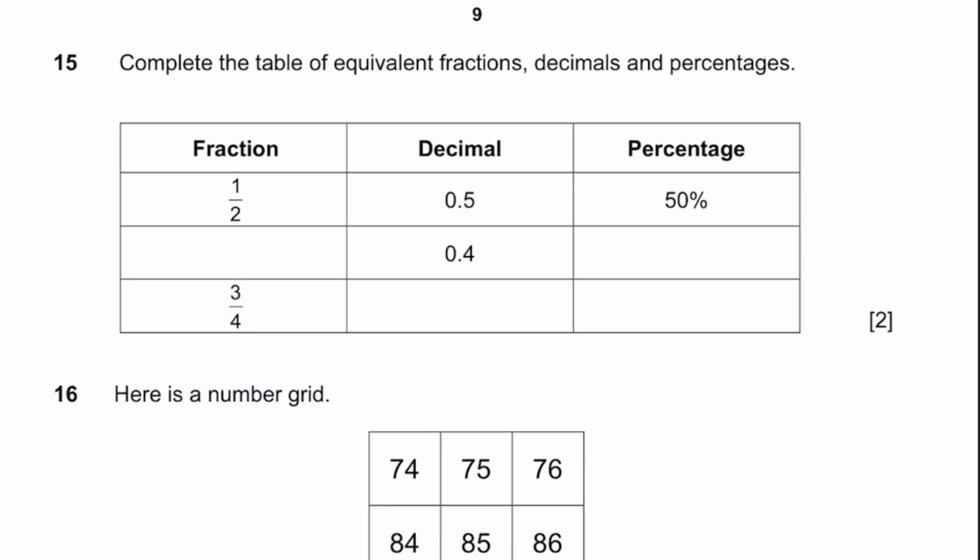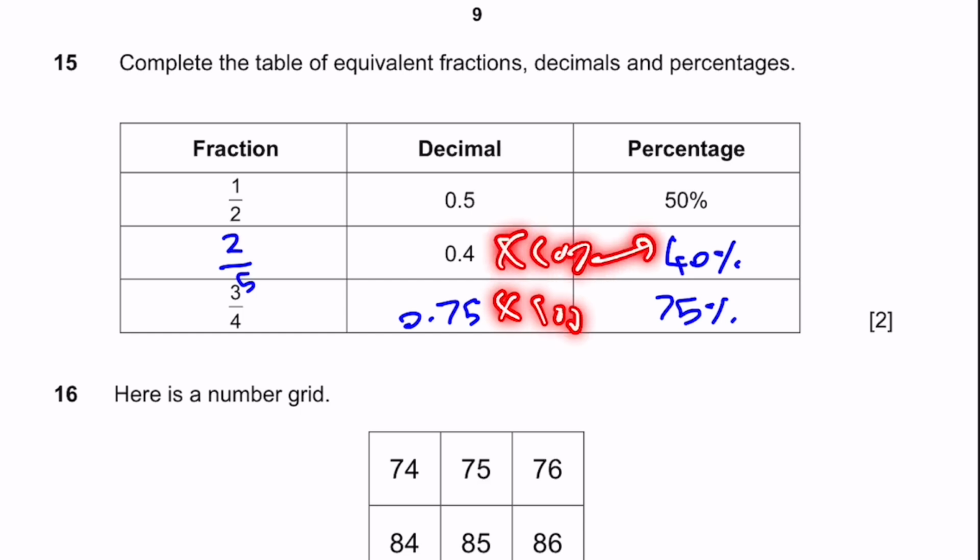Question 15. Complete the table of equivalent fractions, decimals, and percentages. So first one, half is equal to 0.5, 50%. 0.4 is equal to 2 by 5, which is equal to 40%. 3 by 4 is equal to 0.75, 75%. If you notice, we can just multiply the decimal by 100 to get the percentage here.